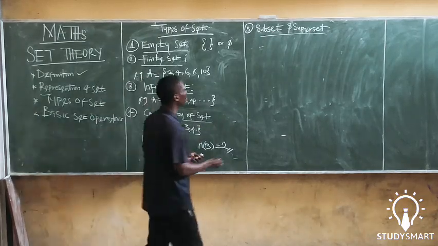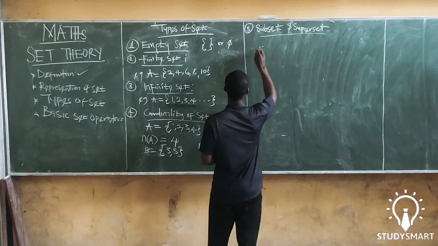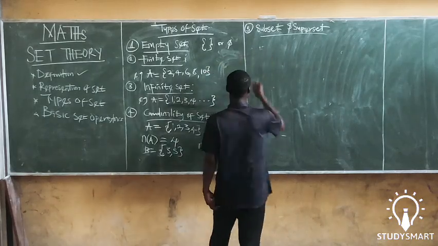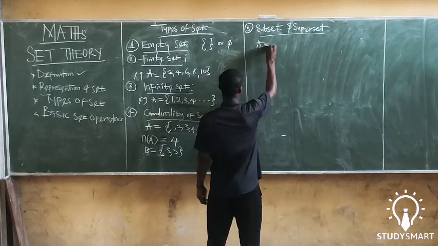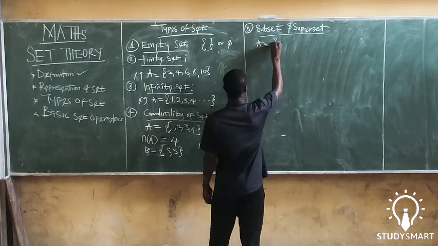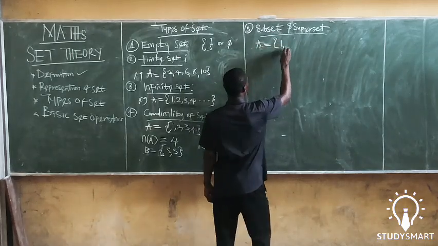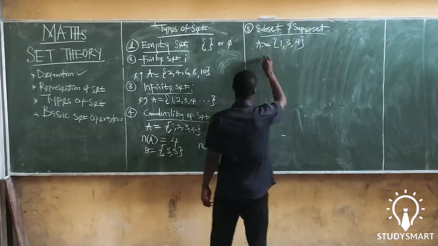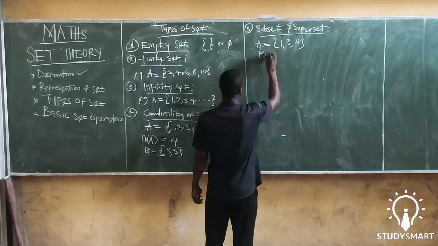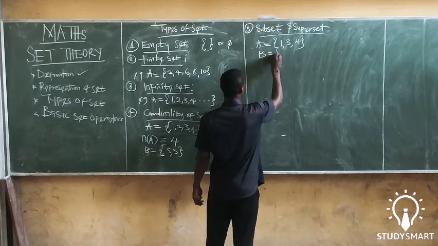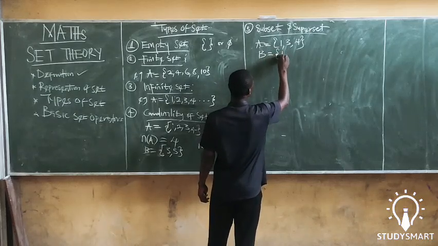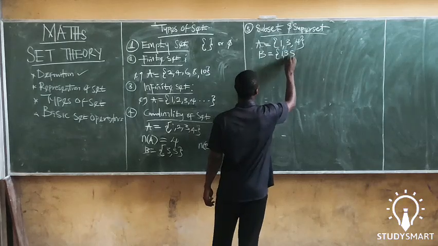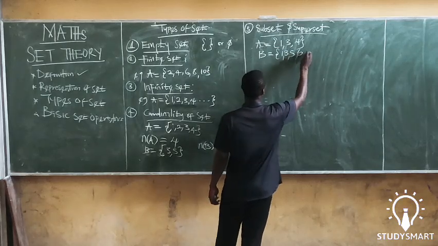For example, if I have A equal to 1, 3, 4, and B equal to 1, 3, 5, 6.